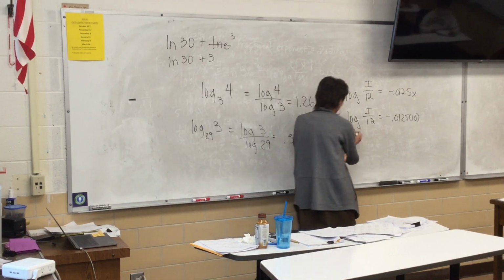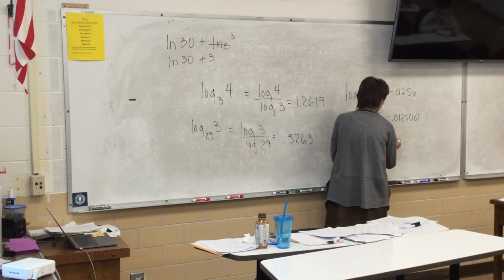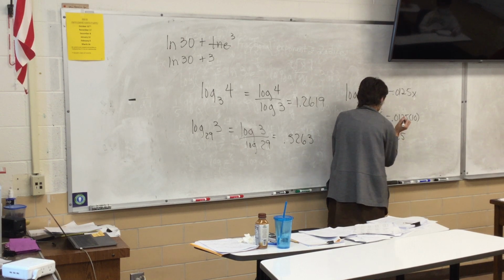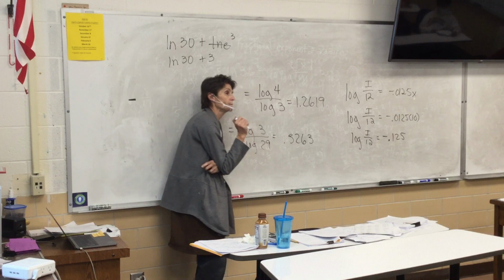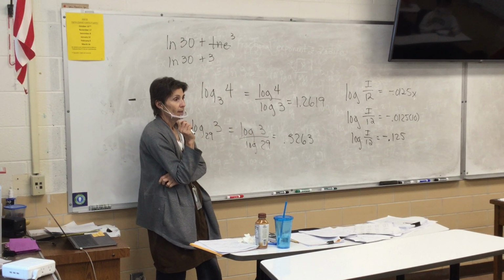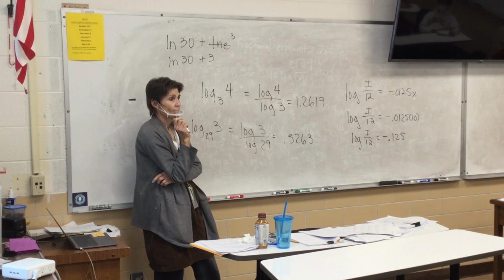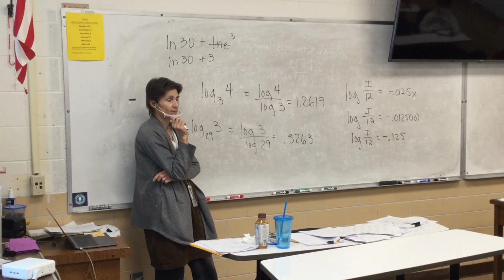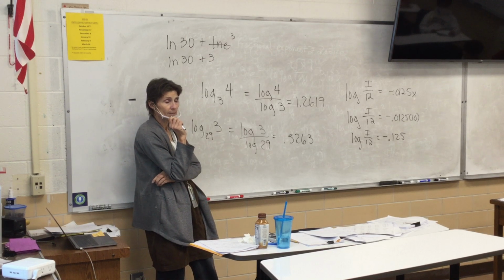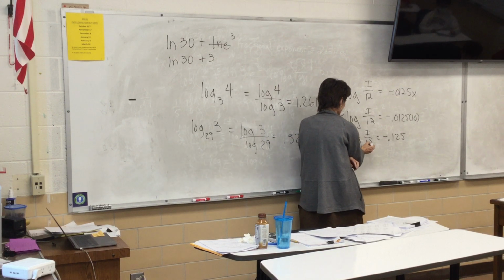So the log of I over 12 equals negative 0.125. Who paid attention yesterday? How do we solve an equation like that? What does our good friend Mr. Miller say? We're gonna loop-de-loo it, right? So what's the base here? 10.